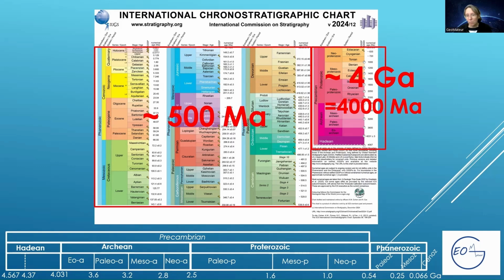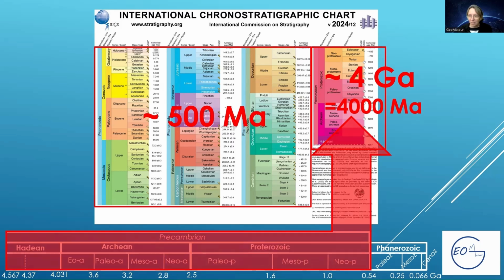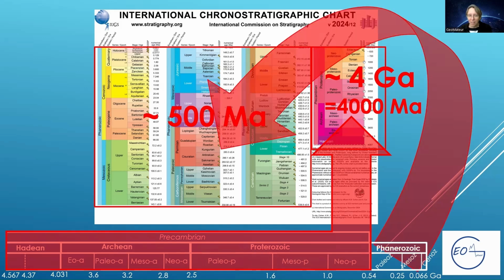More divisions mean more information. So the younger the strata is, the more detailed information is saved. So this is a comparison to a more or less linear scale. This gives you an idea of the proportion of 4 billion years to roughly 500 million years.